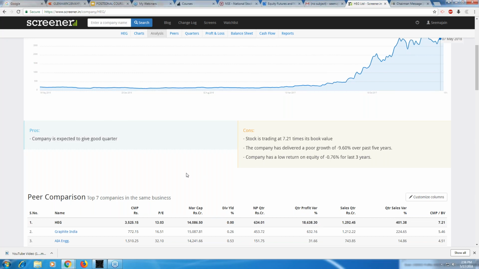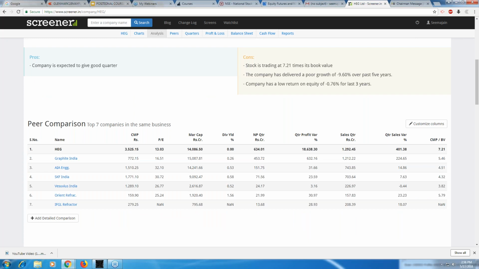Then compare it with the rest of its peer companies. See here, the market cap is respectable with respect to each of them. I didn't know that AIA Engineering is also in graphite electrodes.